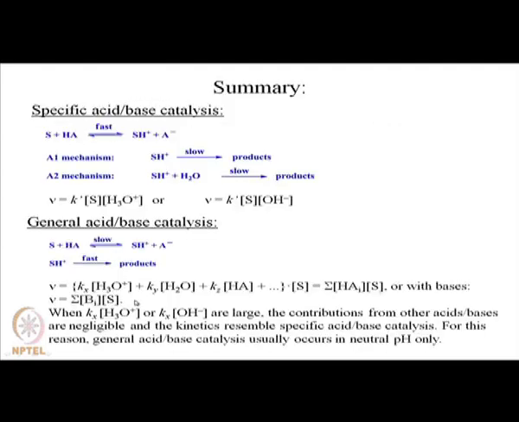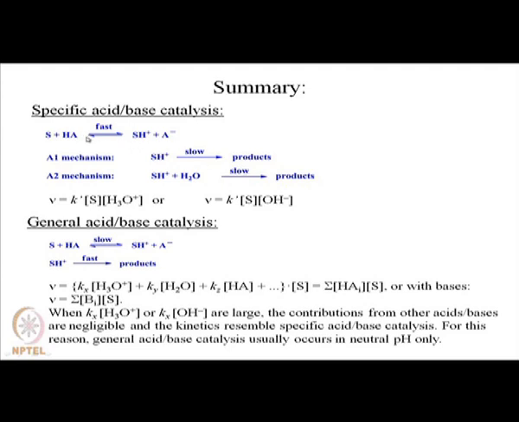Okay, next summary. Specific acid base catalysis. You see here S plus HA is a fast equilibration to SH plus A minus. So the mechanism is A1, a unimolecular mechanism, SH plus slow giving rise to products, or a bimolecular mechanism, SH plus water to products, which is a slow process.